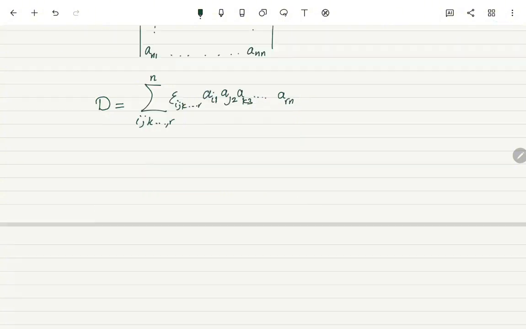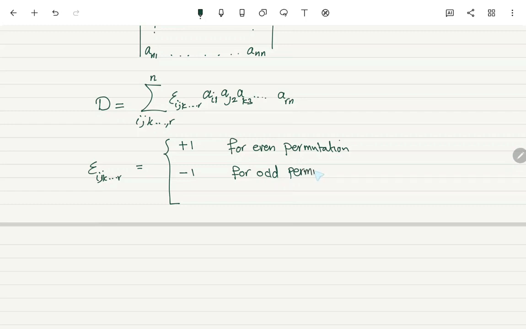In such a way, epsilon I, J, K, R is equal to +1 for an even permutation, we will discuss this in a moment, -1 for an odd permutation, and 0 for any repeated index.